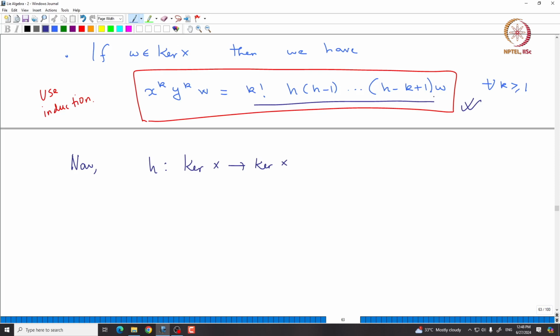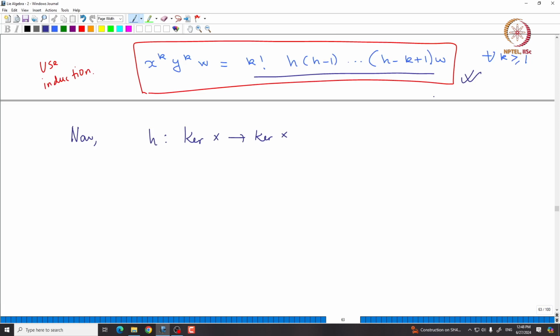Suppose H into H minus 1 etcetera H minus k plus 1 is 0 for all w coming from kernel X for some k. Then H satisfies a polynomial which has distinct roots, and that will imply that H is diagonalizable.